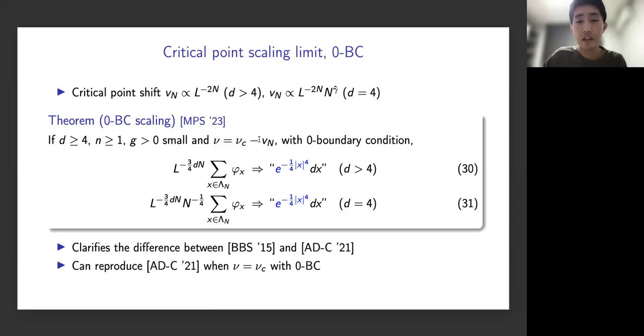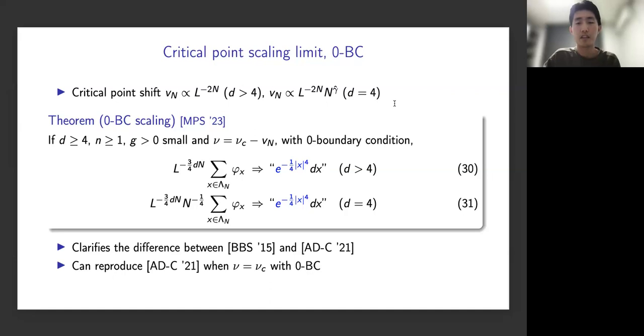That shift of the critical point Vn is proportional to L to the -2n when d is greater than 4, with a logarithmic correction when d is equal to 4.